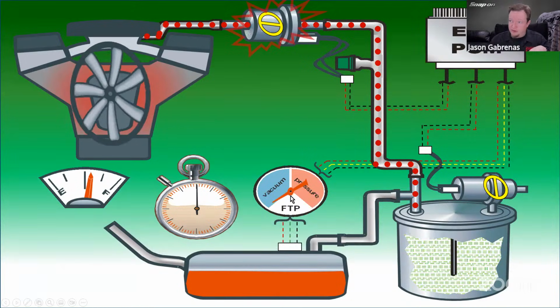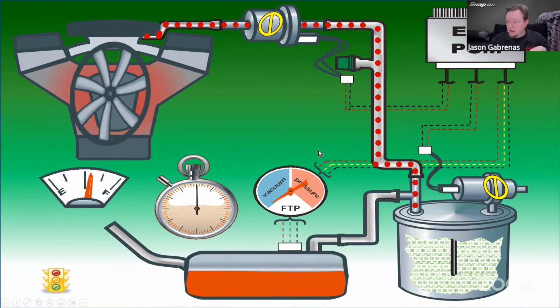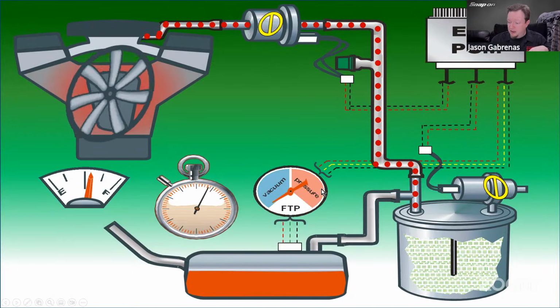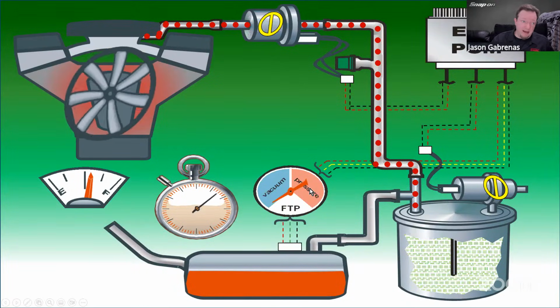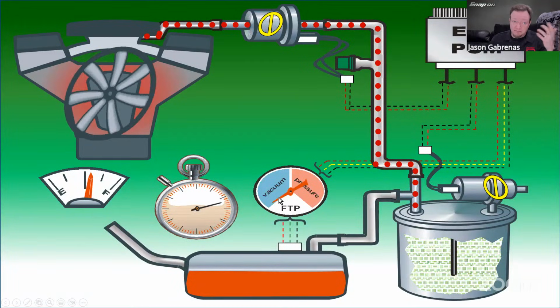So this is how we're going to check for leaks. So it's going to draw a vacuum, and then it's going to close the purge valve. And then now it is drawing a vacuum. Time is going to start. Computer is going to measure how fast, if at all, does this vacuum decay. If the vacuum does not decay like we have here, no leak.